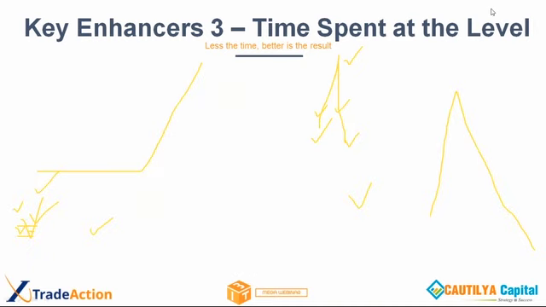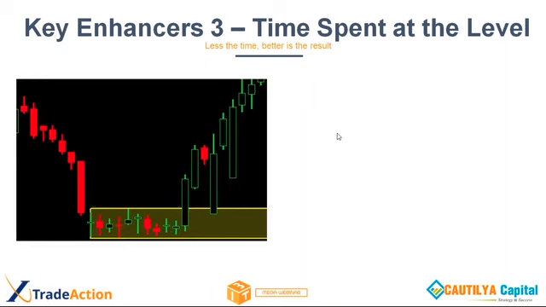Let's clear the mess. Now take this example. Strong momentum. 1, 2, 3, 4, 5, 6, 7, 8, 9, 10 bases came.